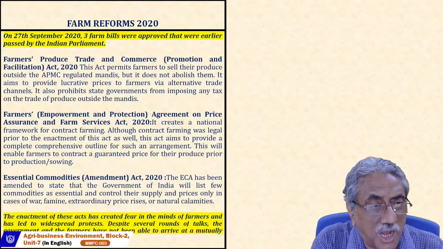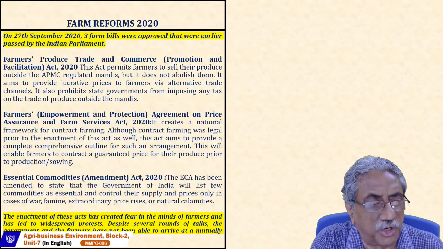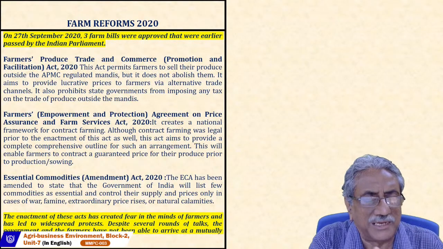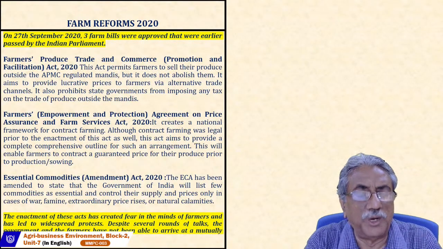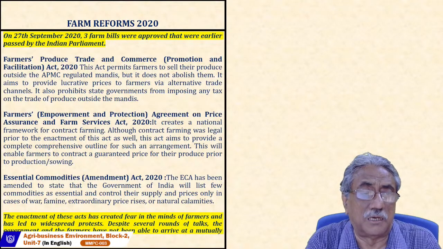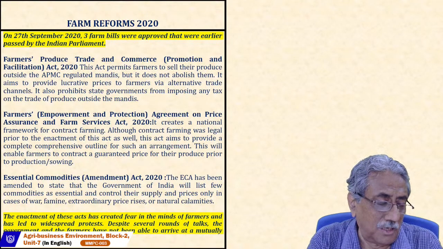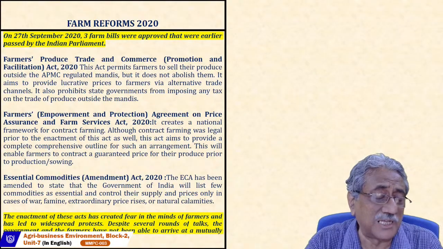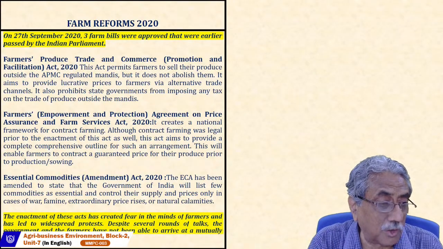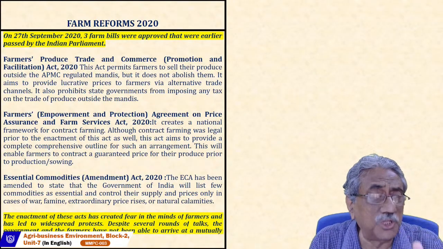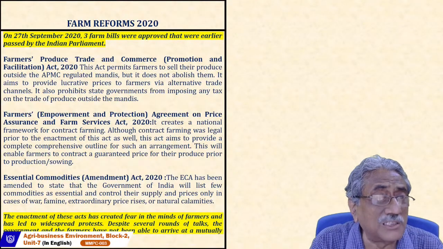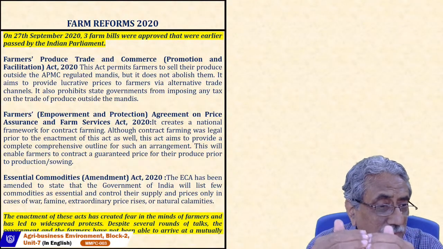So now suppose I have produced an adequate quantity of onion, and I am selling at a price. The moment the government feels the price is high, the government imports onion and other vegetables from Pakistan and other places and brings down the price. So farmers are not getting the market price.